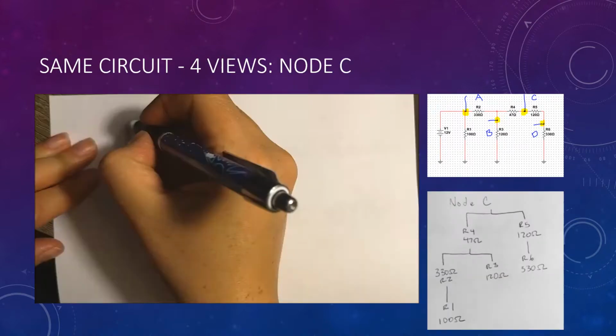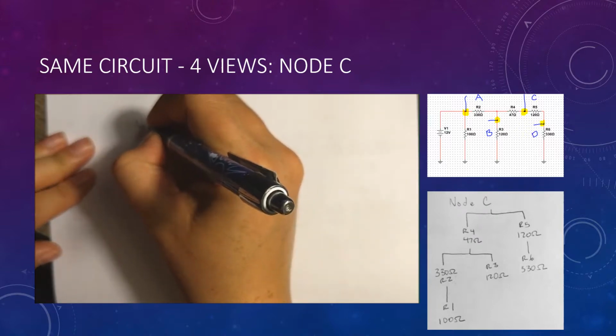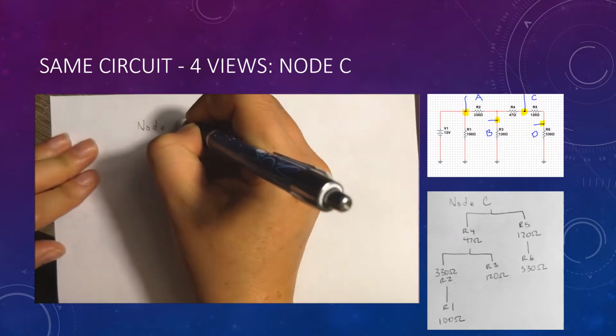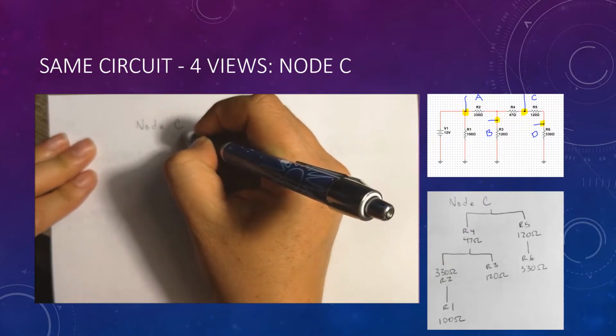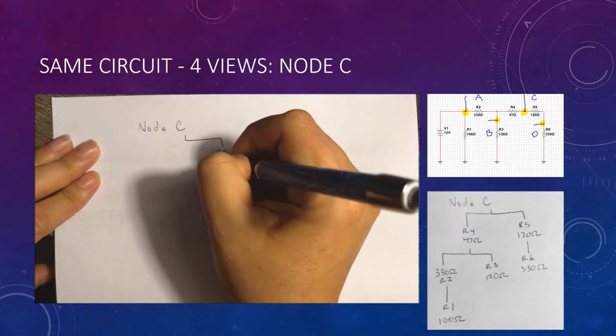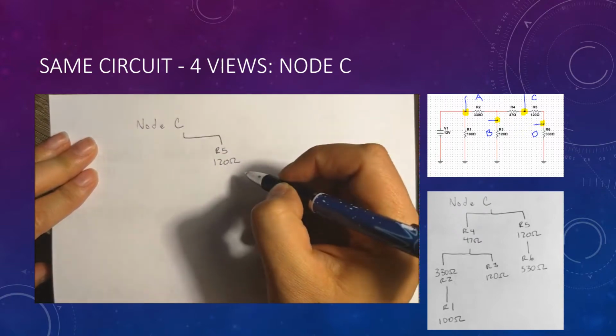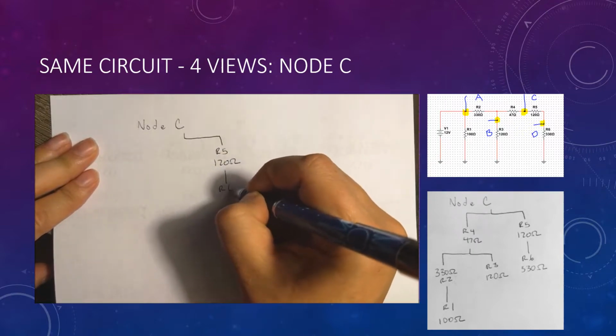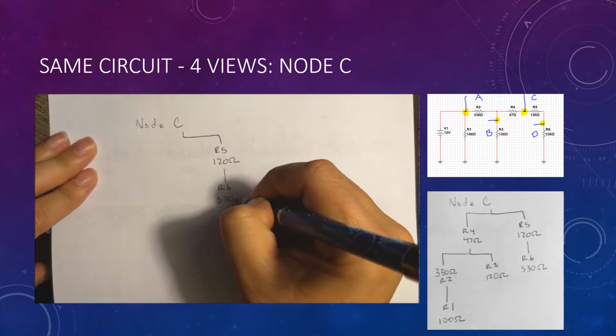Node C. Once again, the same type of circuit, taken at a different point. So we'll begin to redraw node C. Branching out from node C, we see we have two branches, moving to R5 at 120 ohms in series with R6 at 330 ohms.